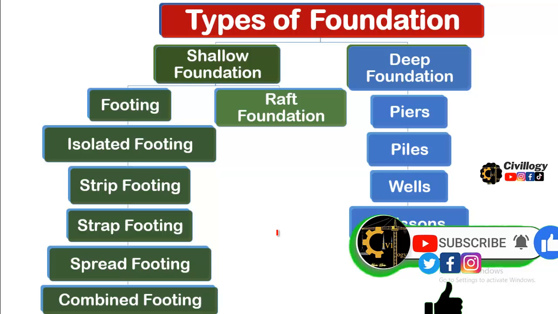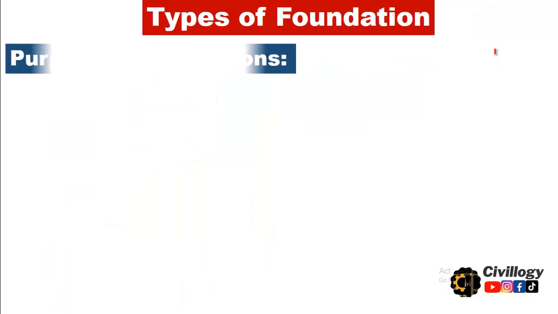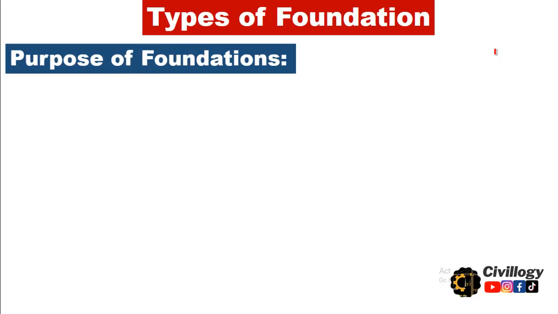As we have already discussed, there are mainly two types of foundations, namely shallow foundation and deep foundation, and there are subdivisions of these two foundations. Let us discuss these types one by one. First, we will have to decide what the purpose of foundation is.